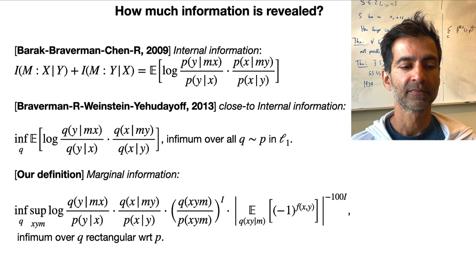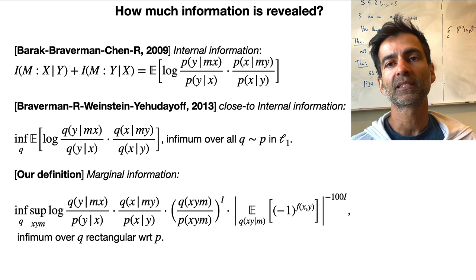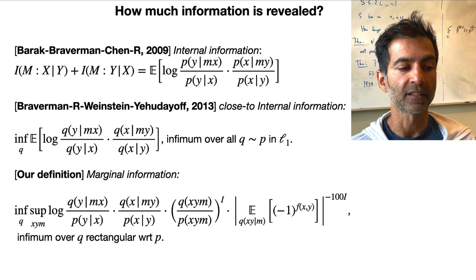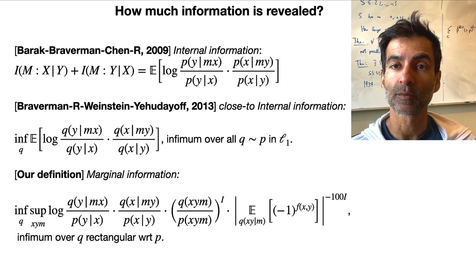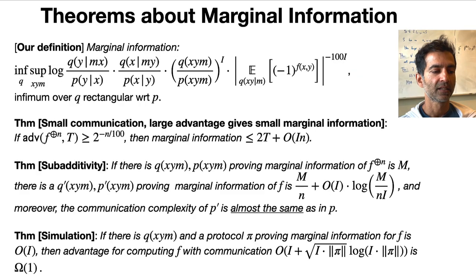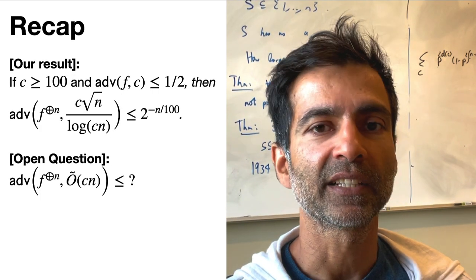Okay. So we've picked this definition, and another big difference is that in the previous definitions there are expectations, whereas here we're sort of taking the worst case log ratio. Okay, that's something we can afford to do. So given this definition of information, we're able to execute all three of the steps of the high-level approach. Here again, to recap, is our result.